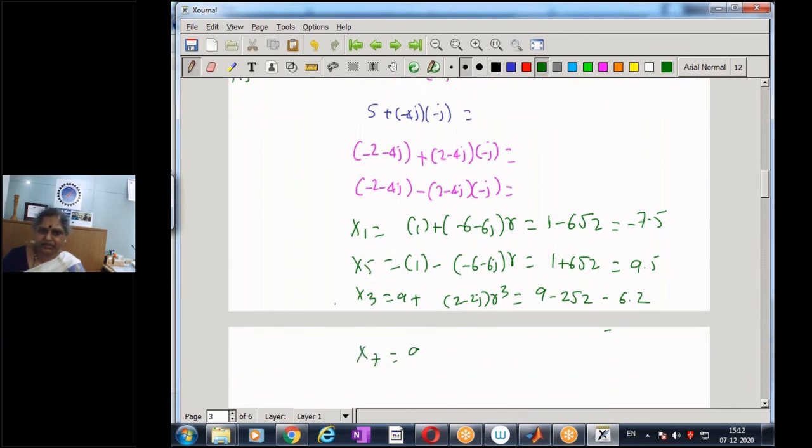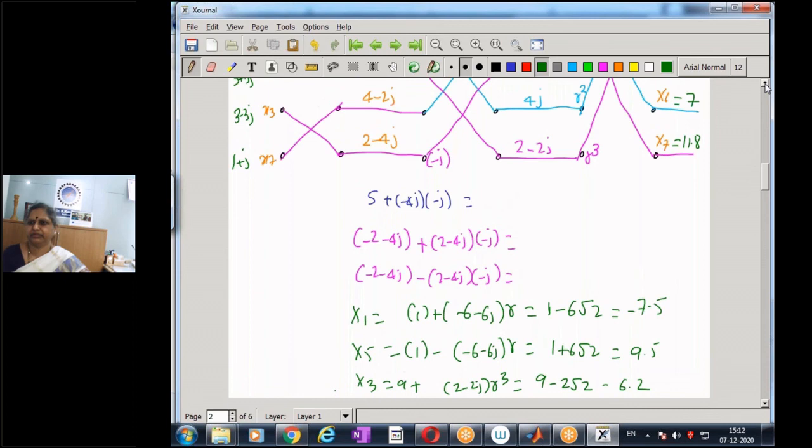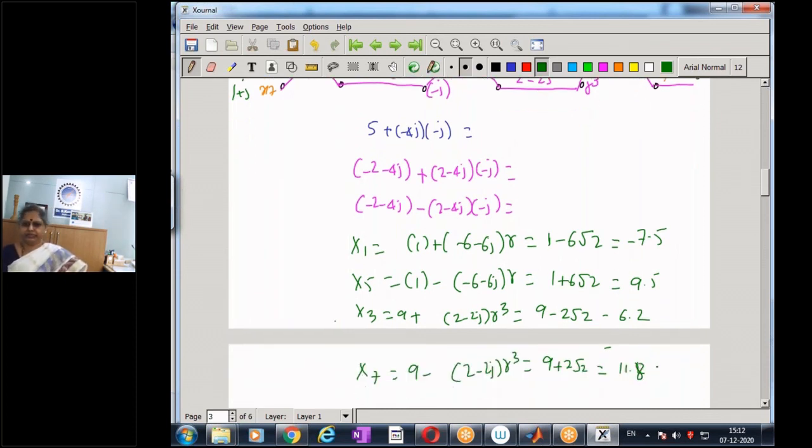So x7 is going to be 9 minus 2 minus 2j into gamma cube, and that is going to be 9 plus 2 root 2, and that is going to be 11.8. So that's how we get 11.8.